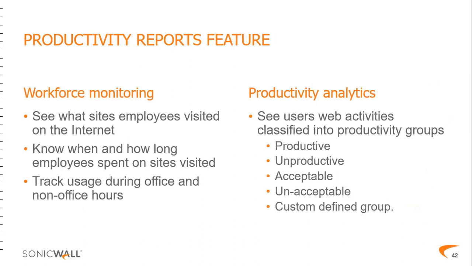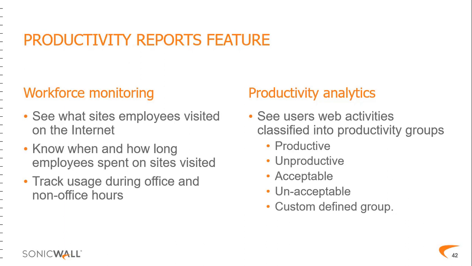So you can see what sites the employee visited on the internet, because you can drill down to see more. So how long and when the employee spent on the site. And you can track also the usage during office and non-office hours. So they have provided this productivity analytic.